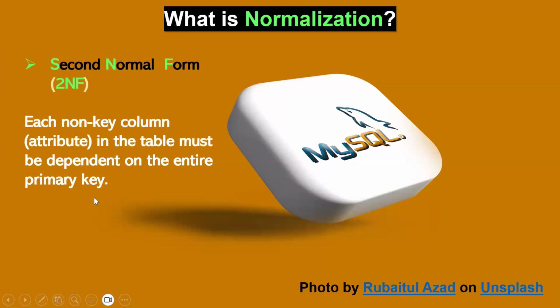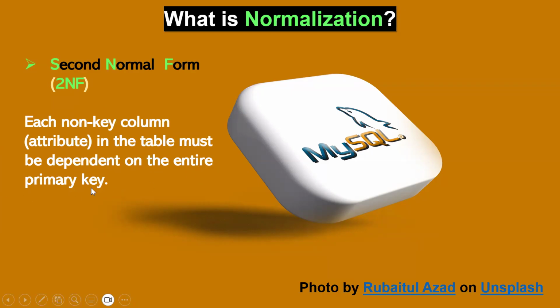Second normal form: each non-key column. This is important: each non-key column attribute in the table must be dependent on the entire primary key. If you have other fields like first name, last name, subject, whatever those other attribute columns are, they must depend on the entire primary key.